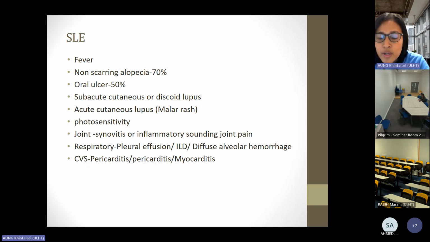Cardiovascular system: it can affect almost all layers of the heart. Pericarditis, pericardial effusion, myocarditis, endocarditis.